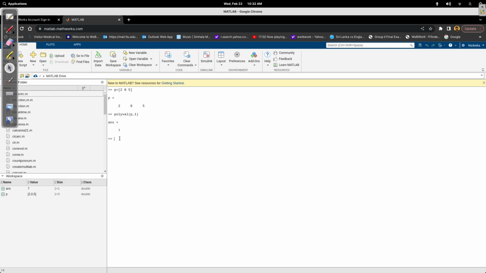And if I want to evaluate at 100, I just say 100. Also I can pass in a vector value for this x, then the polynomial will be evaluated at each value. For example, let's evaluate the polynomial at 0, 1 and 2.